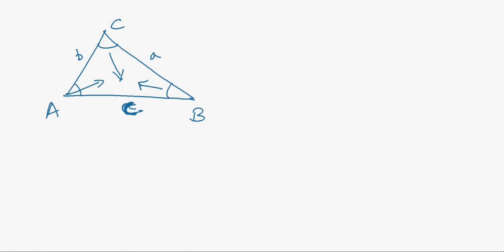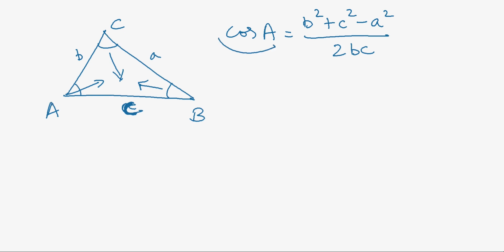So the cosine rule will look like this. Let me try to write that. If you take cos A, that would be b square plus c square minus a square, divided by 2bc. So the cosine of one of the angles will be given in terms of the other three side lengths.